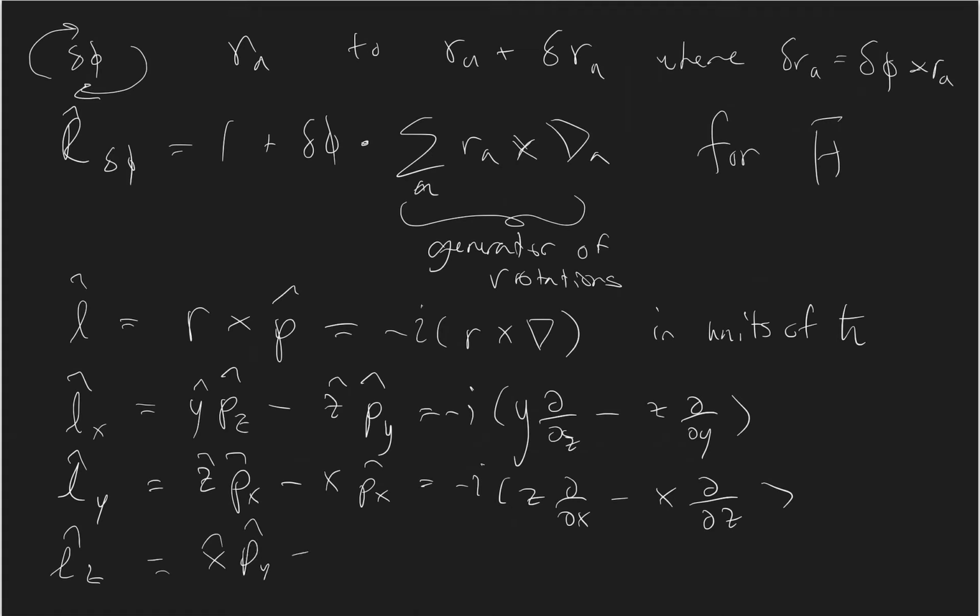With p hat minus y hat px. Okay, this is all in the z direction. And this should give us negative i times the quantity of x del by del y minus y del by del x.